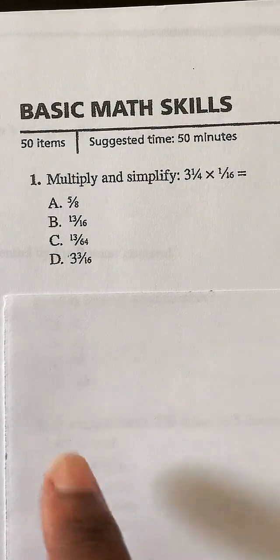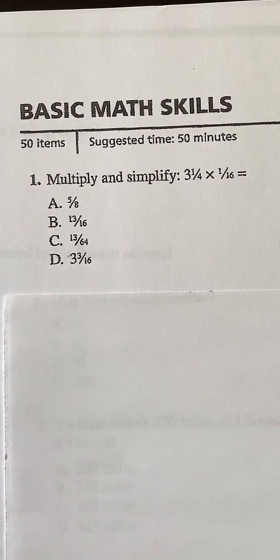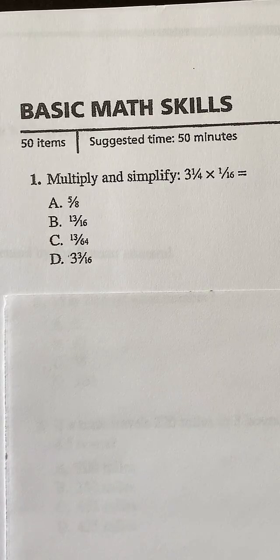All right, so we're going to multiply and simplify 3 1/4 times 1/16. We have choice A, 5/8, B, 13/16, C, 13/64, and D, 3 3/16.